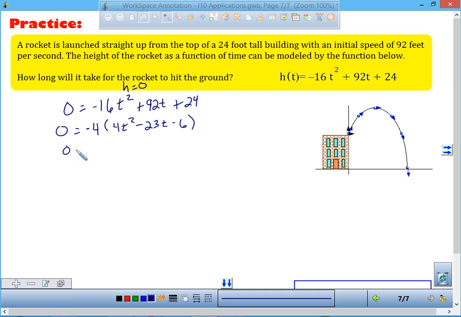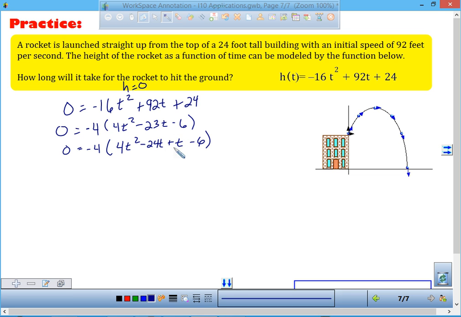So now when I factor, I have to use all of my steps. So 0 equals negative 4, and now I find factors of negative 24 that add to give me negative 23. So now I'm going to have 4t squared minus 24t plus t minus 6. Okay, because negative 24 times 1 is negative 24.